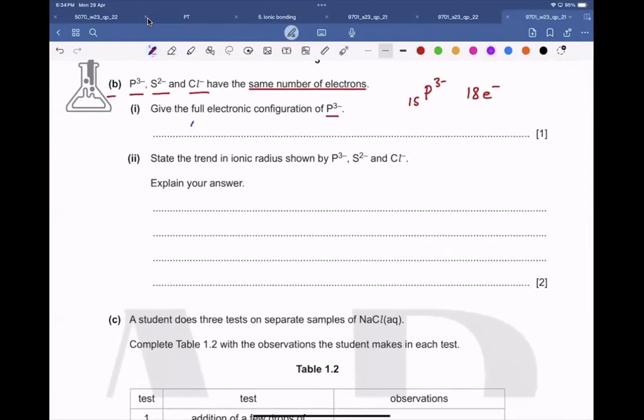So I'm going to write the electronic configuration for the 18 electrons. 1s2, 2s2, 2p6, 10 electrons are done, 3s2, and then 3p6, all 18 electrons. Is this clear?